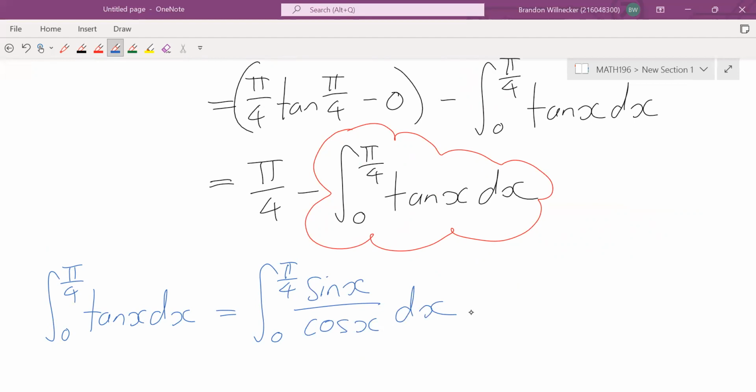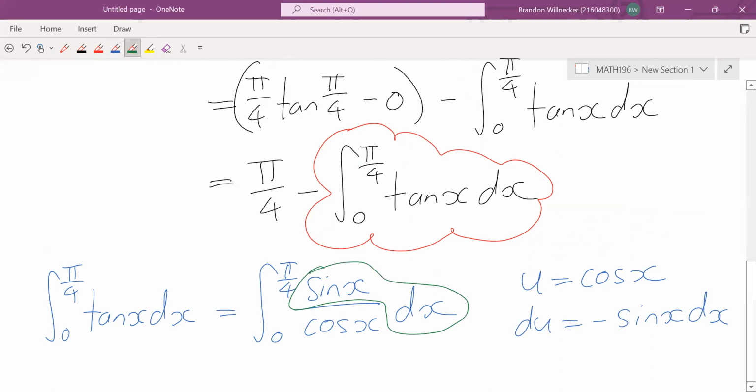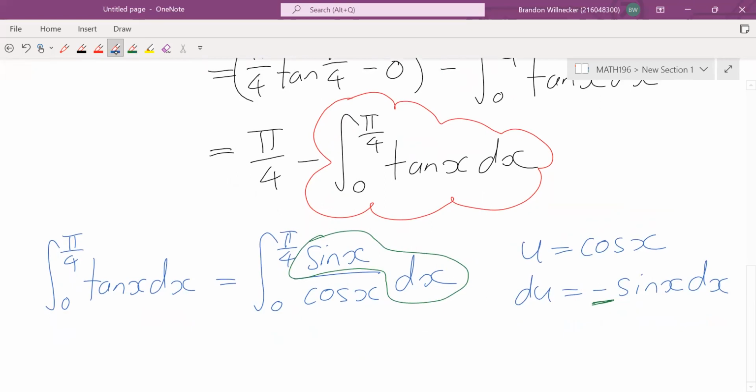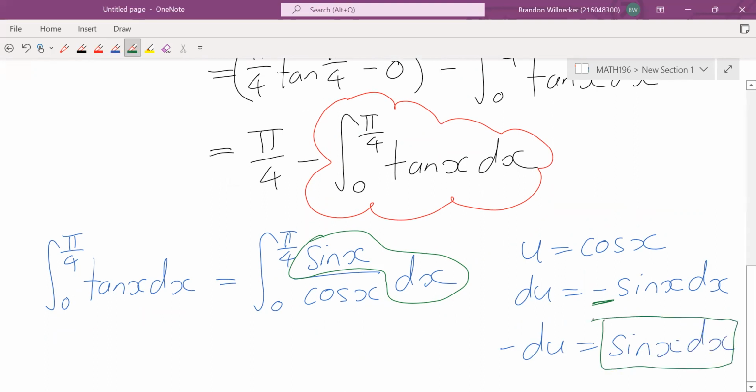If we let u be this bottom term, so u is equal to cos x, then du is going to be minus sine x dx, which is almost what we have at the top here. But instead, we have this minus sign. So we take the minus sign to the other side. So minus du is going to be sine x dx, which is what we've got in the numerator there.